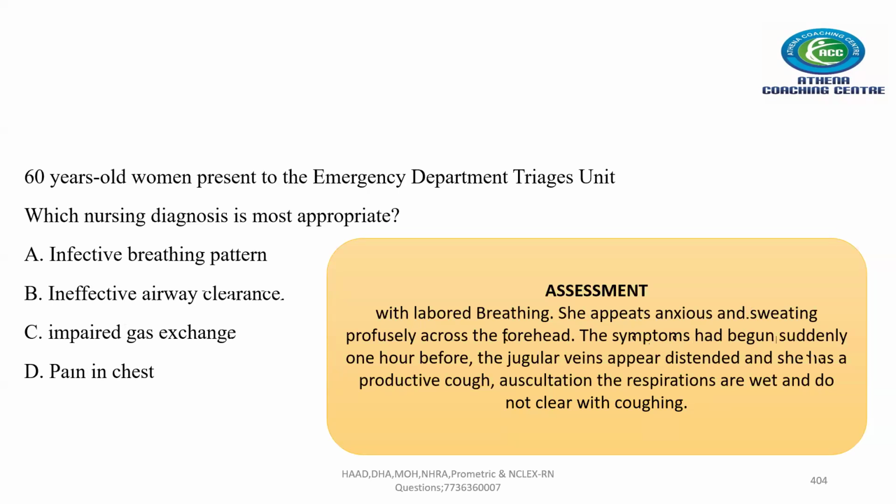The patient has labored breathing and profuse sweating, which can be because of hypoxia. Clear? And the jugular vein appears distended. Yes, that can be something related to a cardiac problem. So here the basic problem is related to the breathing issues. So the better answer for this is ineffective breathing pattern.